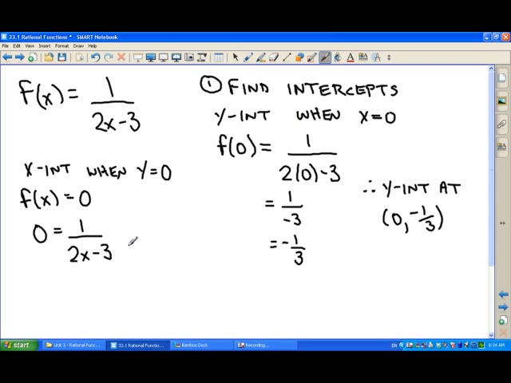So we want to isolate x, and we can do that by first cross-multiplying, by bringing up the denominator. And when I do that, I'm going to have 0 times my denominator, which will be 0, and end up with this statement, 0 equals 1. Okay, and we know that's false. That's not true. 0 cannot equal 1.